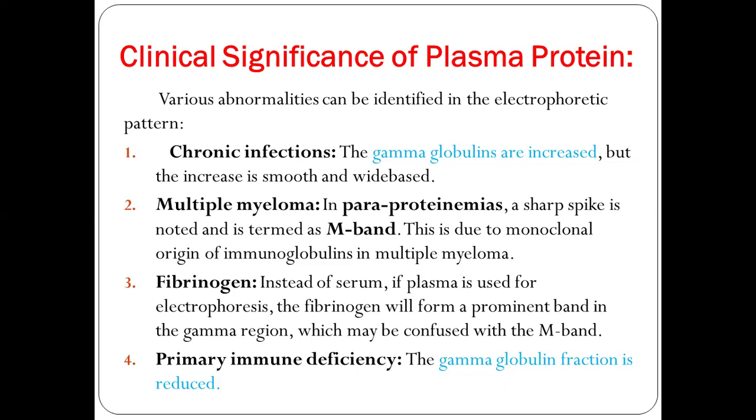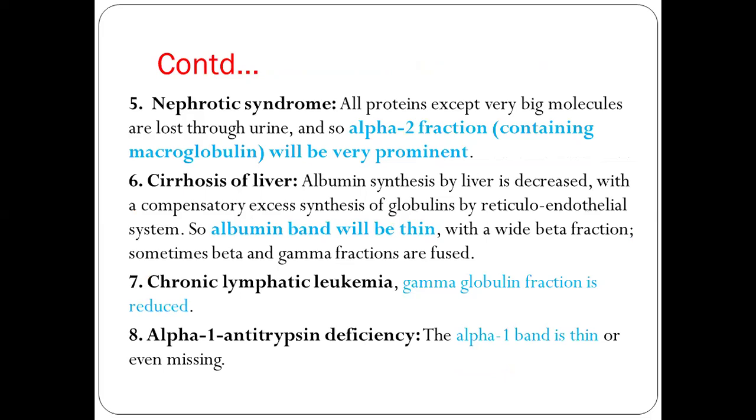And fibrinogen shows a prominent band in the gamma region. In primary immune deficiency, the gamma globulin fraction is reduced. In the case of nephrotic syndrome, there will be a very prominent alpha 2 fraction.